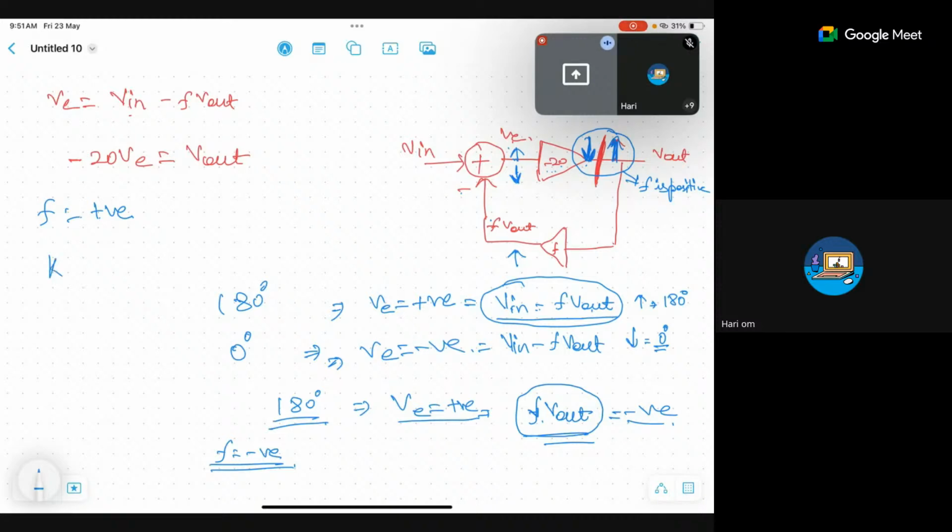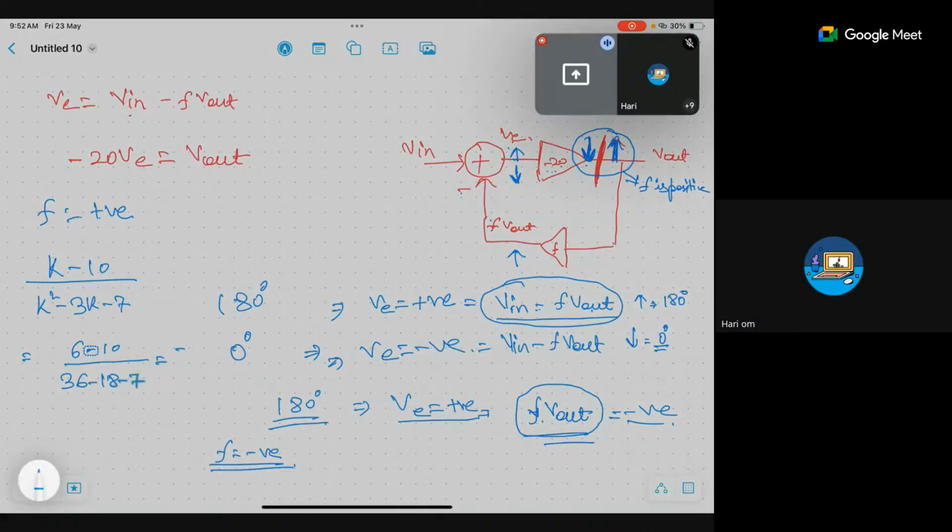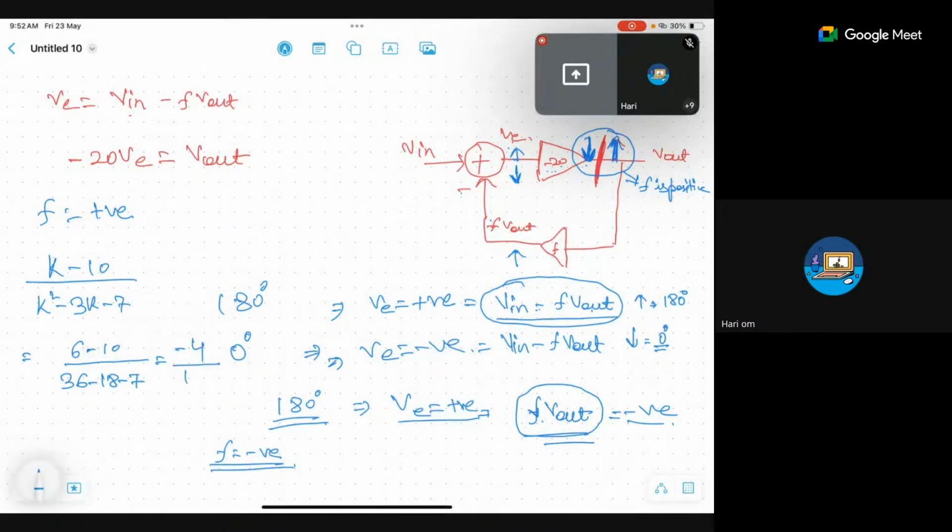Now what is F? K minus 10 upon K square minus 3K minus 7. Now put the value of K equal to 6. So 6 minus 10 upon 36 minus 18 minus 7. So it becomes minus 4 divided by 11.